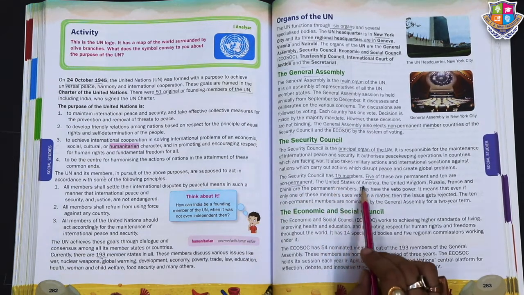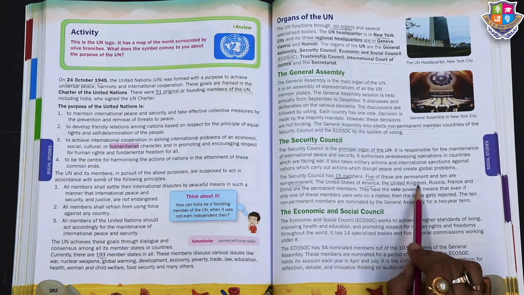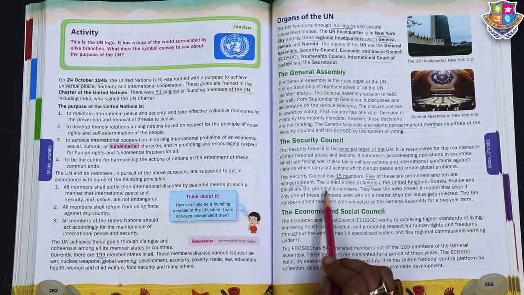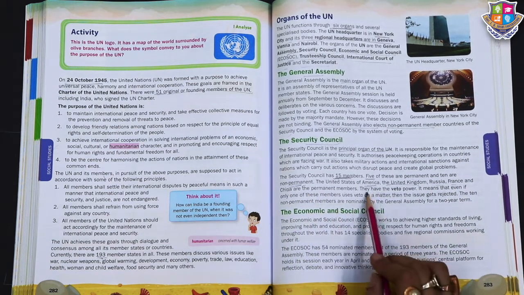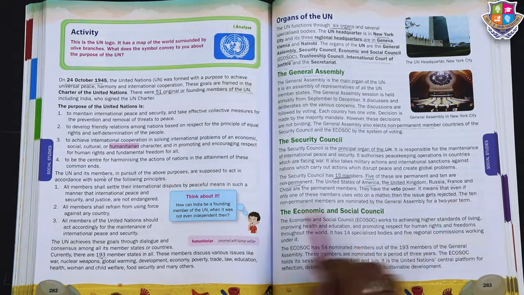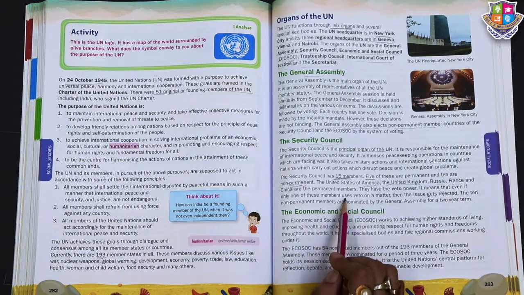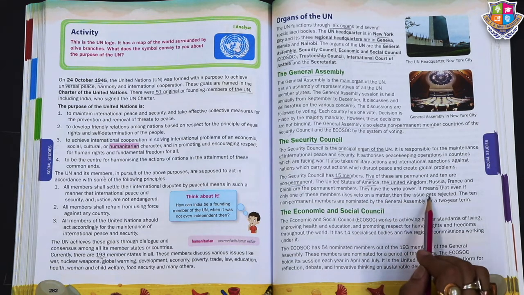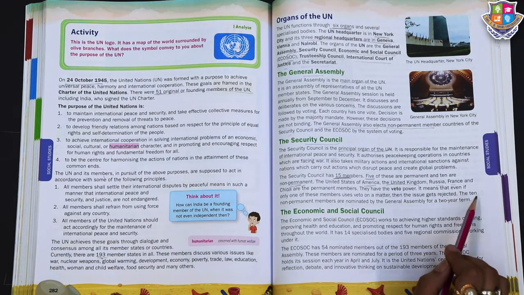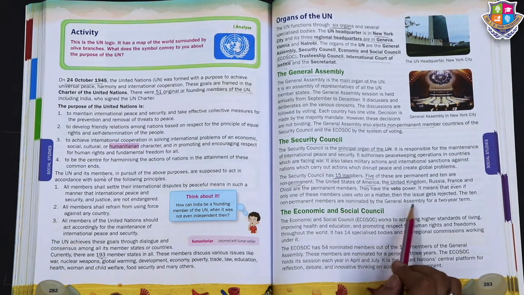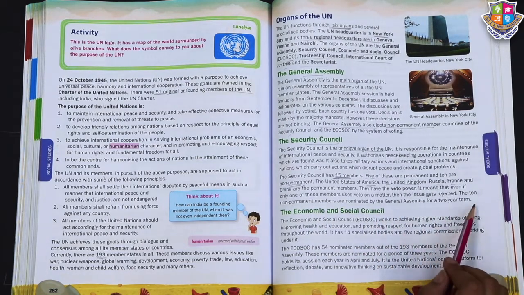The United States of America, the United Kingdom, Russia, France, and China are the permanent members. They have the veto power. It means that even if only one of these members uses veto on a matter, then the issue gets rejected. The 10 non-permanent members are nominated by the General Assembly for 2-year terms.